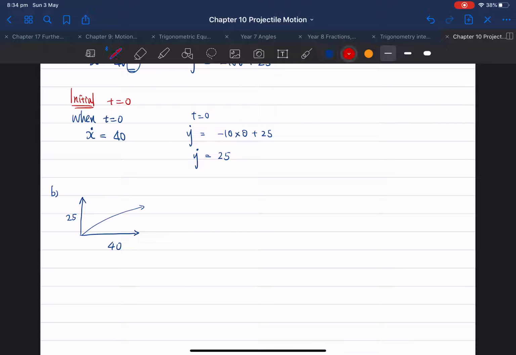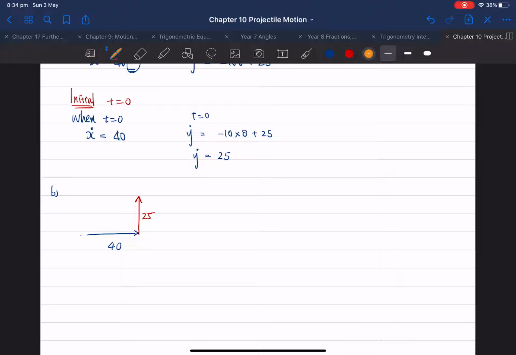Now, what we can do is shift this vertical component this way. So we have a diagram like this. Let me just remove all of this. As you can see now, vertically that becomes 25. It's like a vector, so you have head to tail.